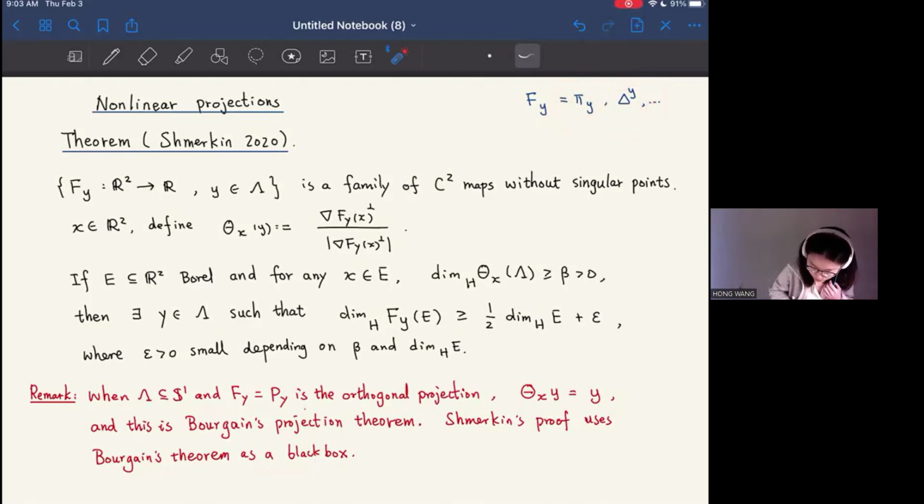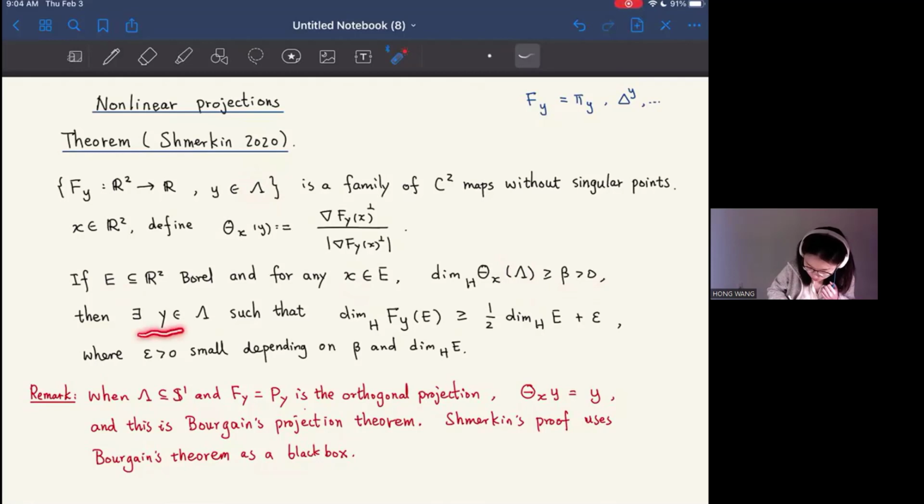And for each x, we define theta_xy as something related to the gradient of F_y(x). Then, suppose we have a set E, and for any x in E, the Hausdorff dimension of theta_x(Lambda), where Lambda is the parameter set, is greater than beta, some positive constant.